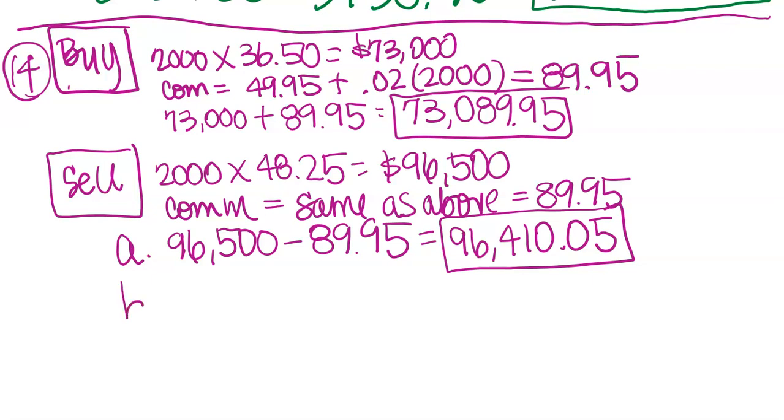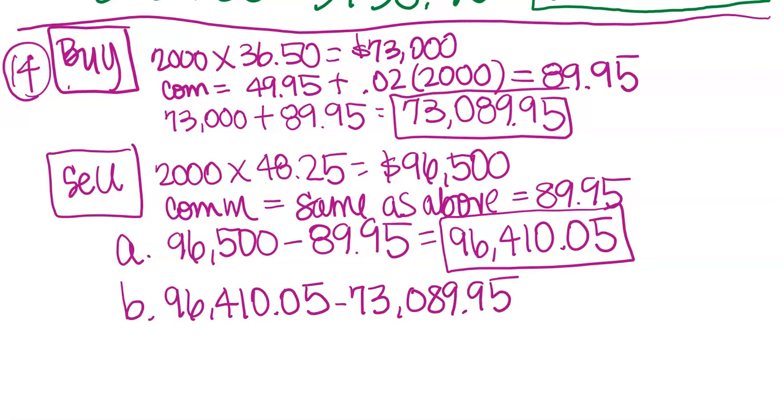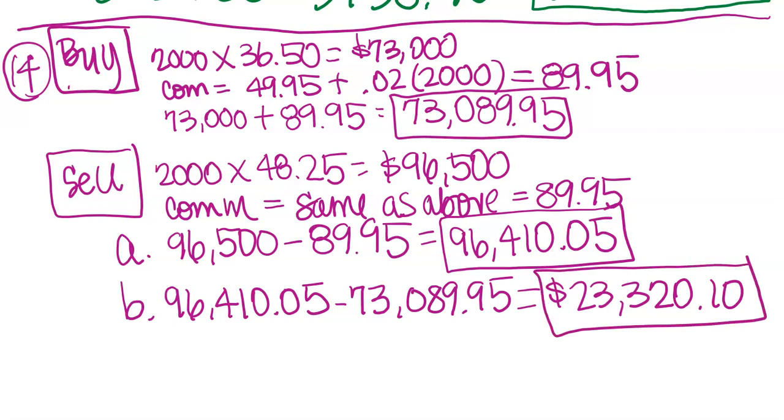So now we're going to figure that out. 96,410.05 is what we sold it for. 73,089.95 is what we bought it for. So 23,320.10. And it was a profit.